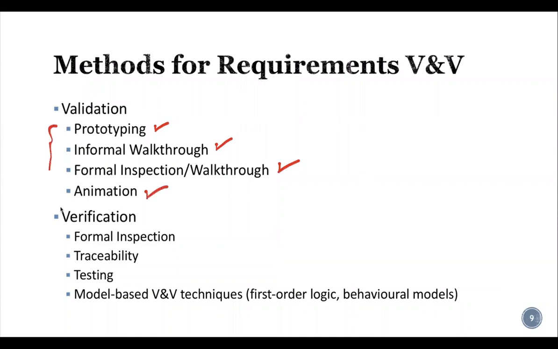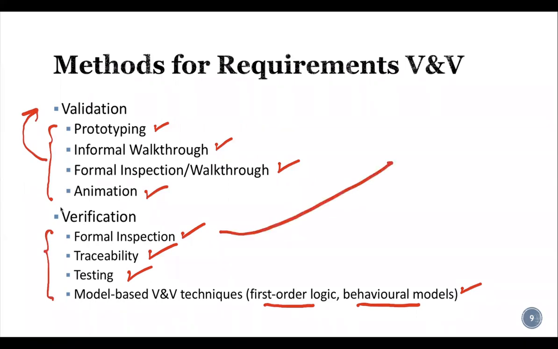These are methods widely used for requirement validation. On the other hand, formal inspection, traceability, testing, and model-based verification and validation techniques, including first-order logic behavior models, are also used for requirement verification. As you can see, formal inspection is commonly used to validate or verify requirements.